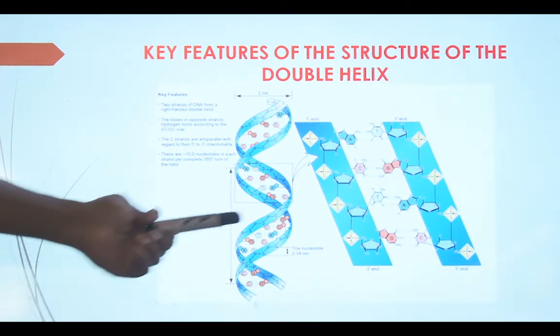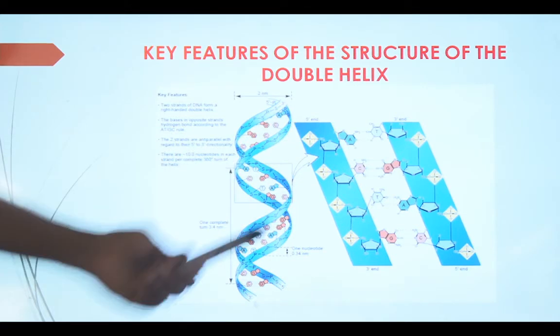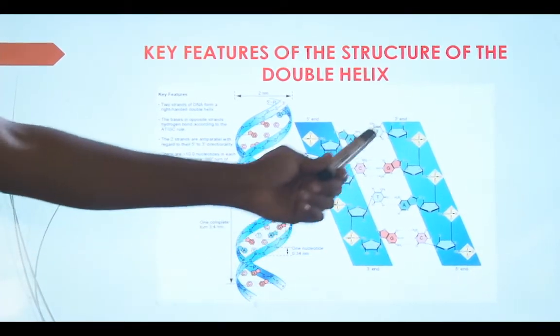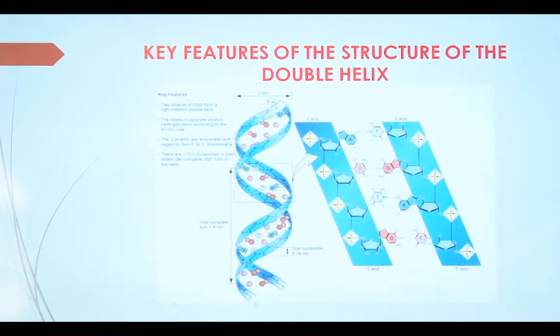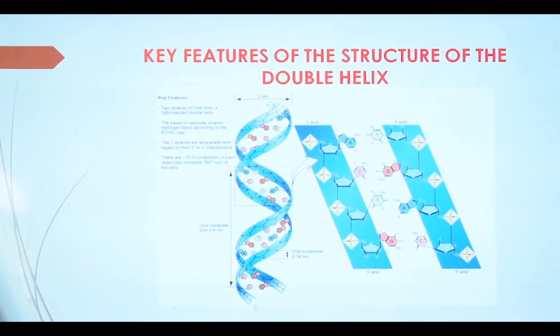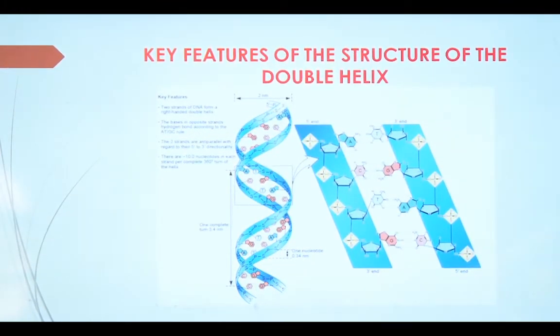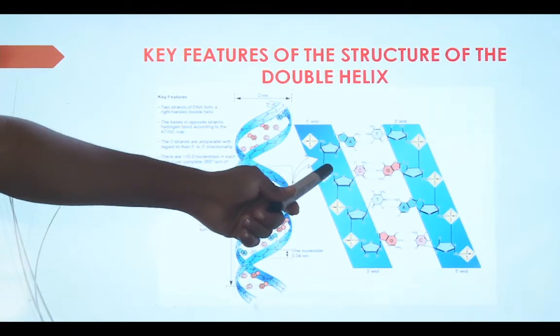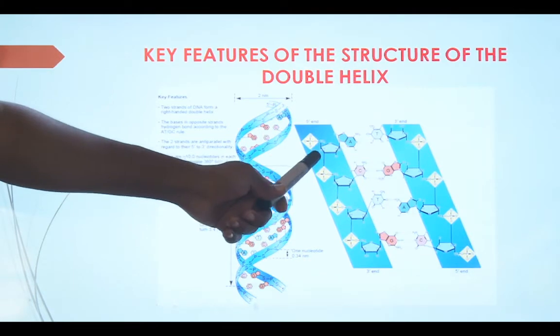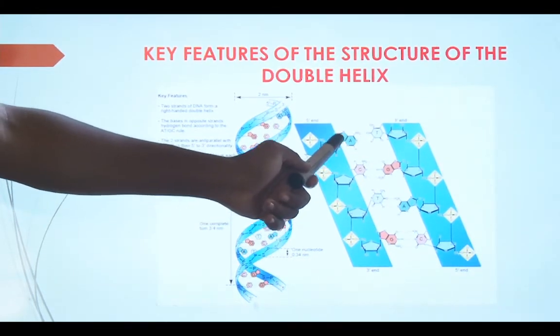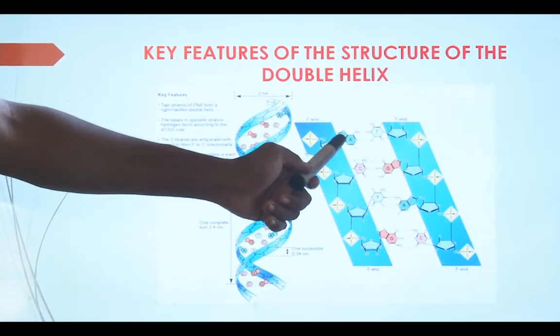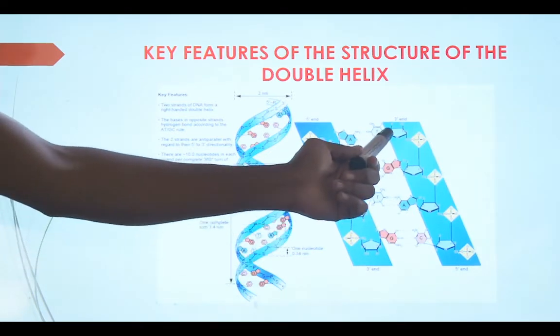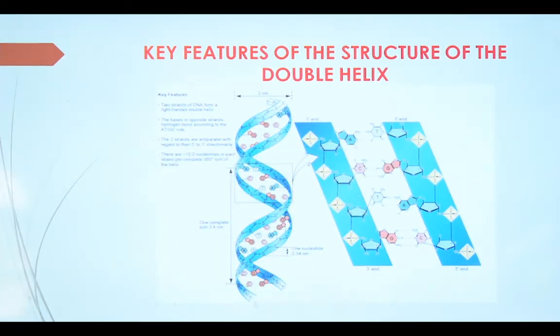Now, this is the 5 prime end and this is the 3 prime end. You could see that the 5 prime end has one of the pentose sugars over here, bringing the nitrogenous base, as the 3 prime end is also bringing a nitrogenous base.